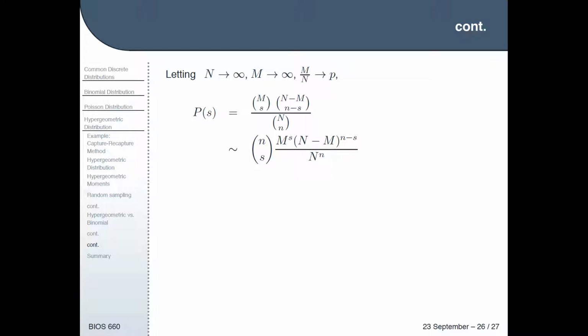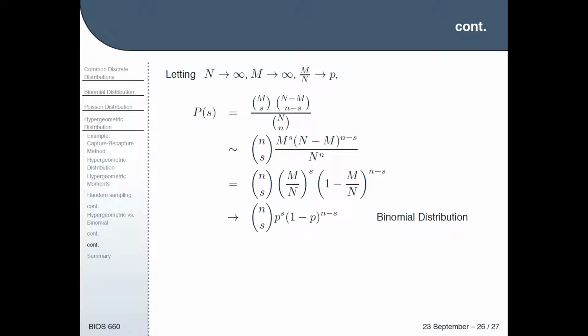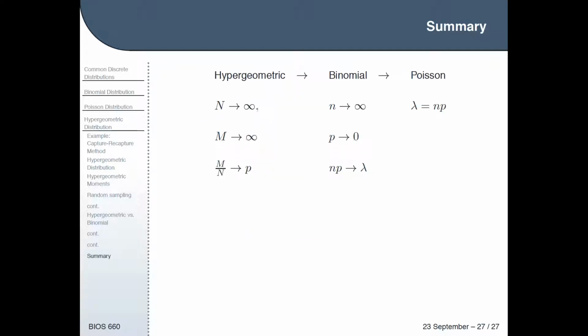That's going to be n choose s times m to the s times N minus m to the n minus s over N to the n power, which of course can be written as n choose s times m over N to the s times 1 minus m over N to the n minus s power. This is just the probability mass function for the binomial distribution, indicating that as the population size and the number of tagged items both get large, the hypergeometric distribution approaches the binomial distribution.